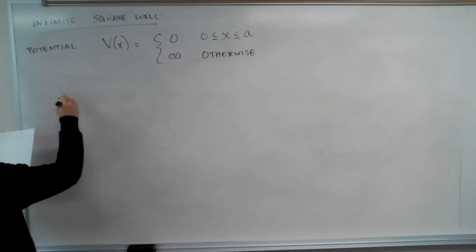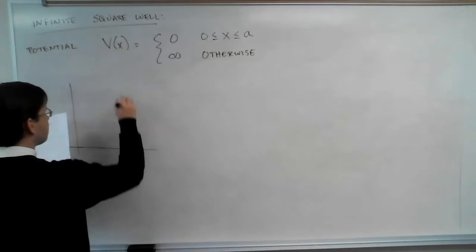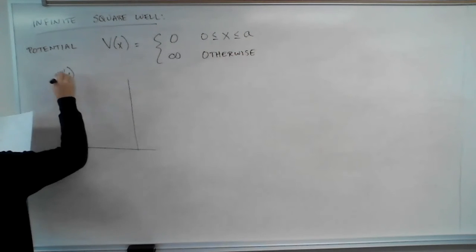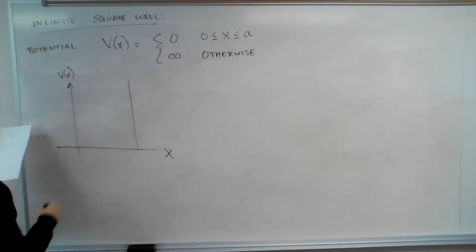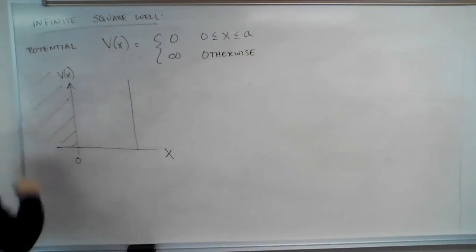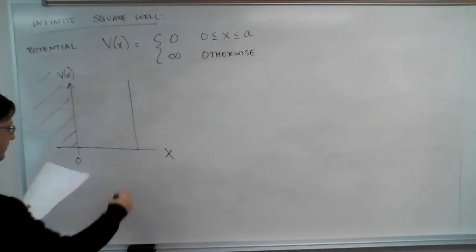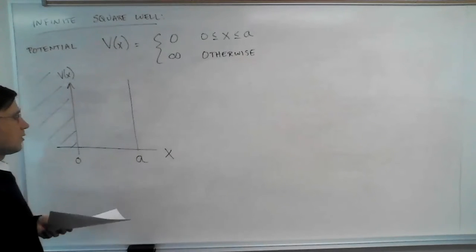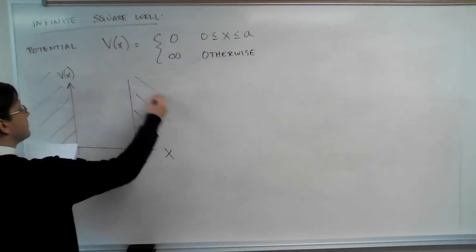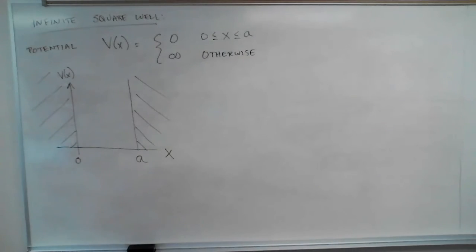If I were to draw this shape, this is V of x as a function of x. At x equals 0 and to the left, the potential is infinite. When x is equal to a and to the right, the potential is infinite.